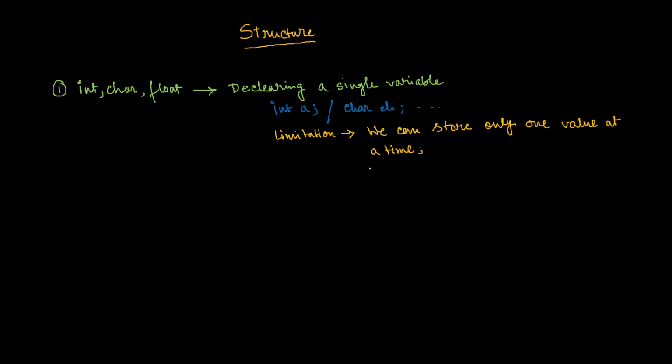That is why the solution that we have seen is the concept of array. So it can be array of integer, array of character, array of float. So what is the limitation for this array now?